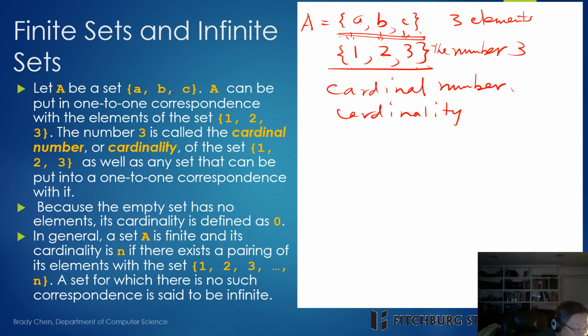So also for every finite set which contains 3 elements, because we can build a one-to-one relationship with the set 1 to 3, we say every finite set with 3 elements has a cardinality of 3. Okay.